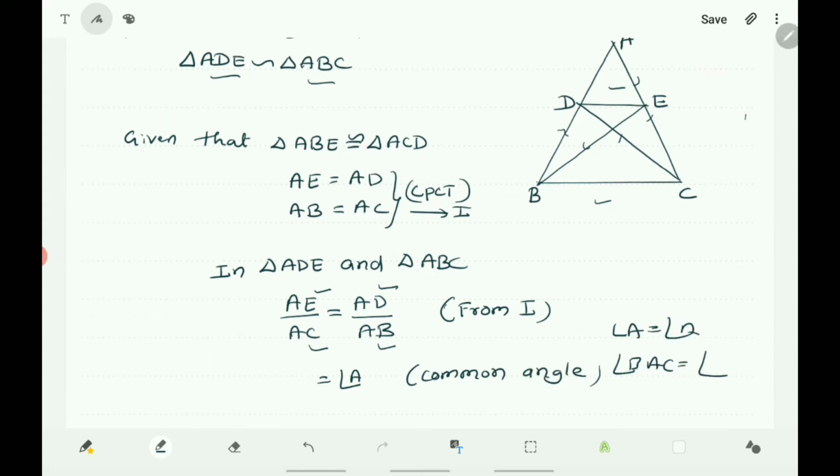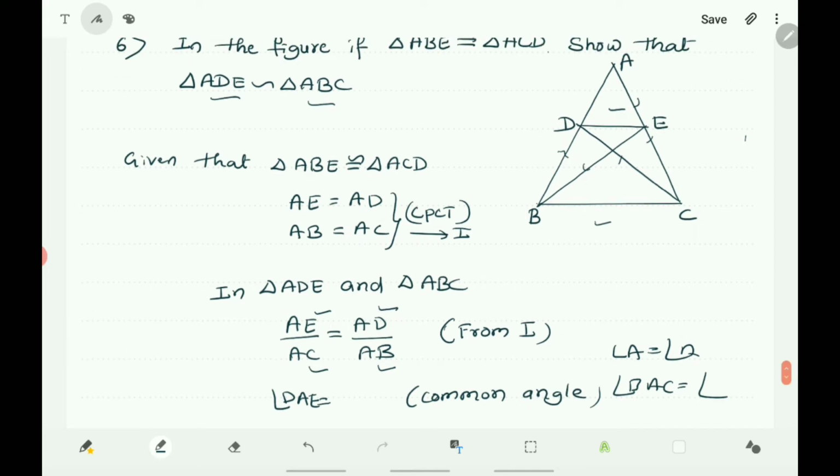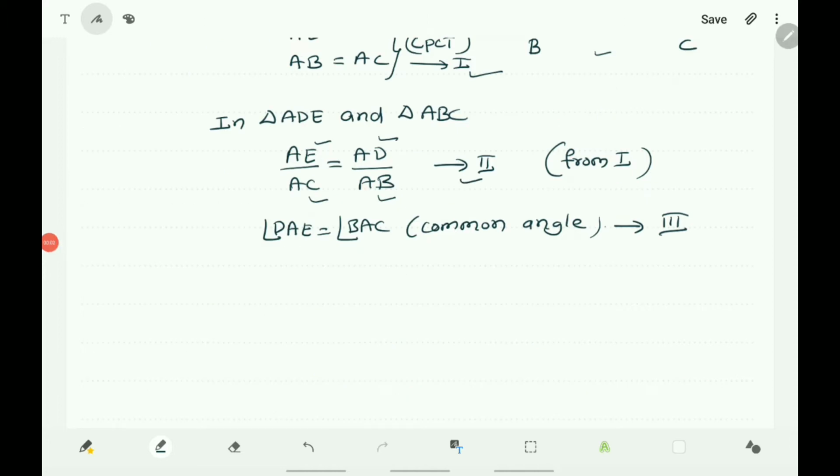Angle A can be written as angle DAE, and this angle A can be written as angle BAC. You consider this is the second and this is the third.